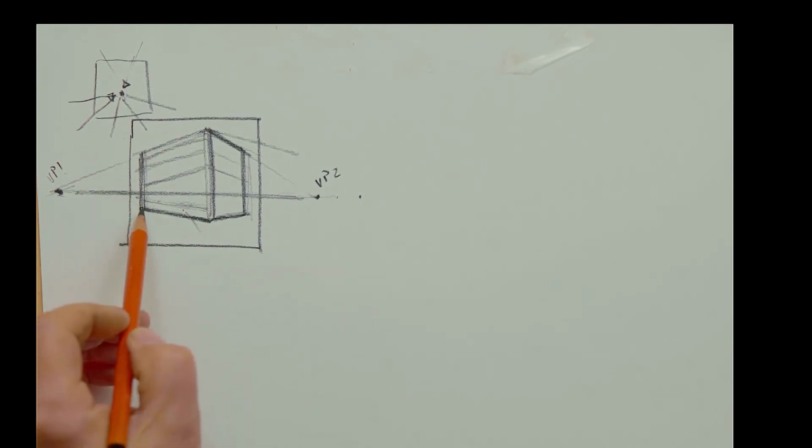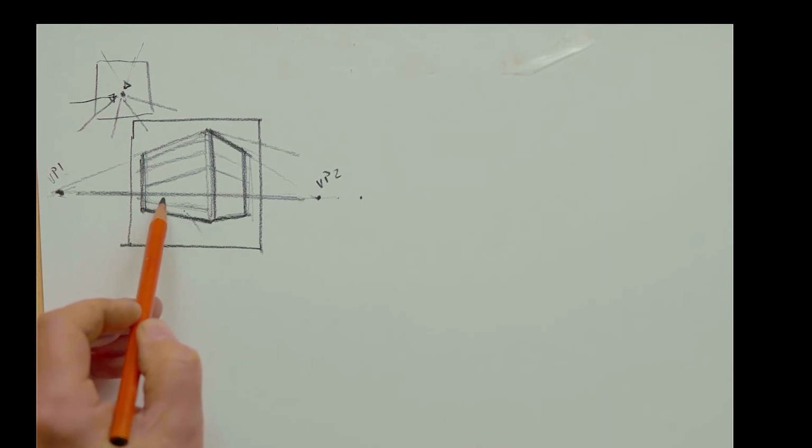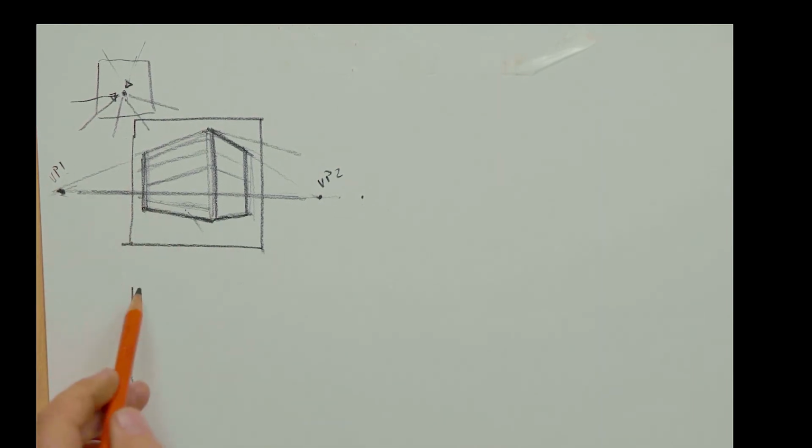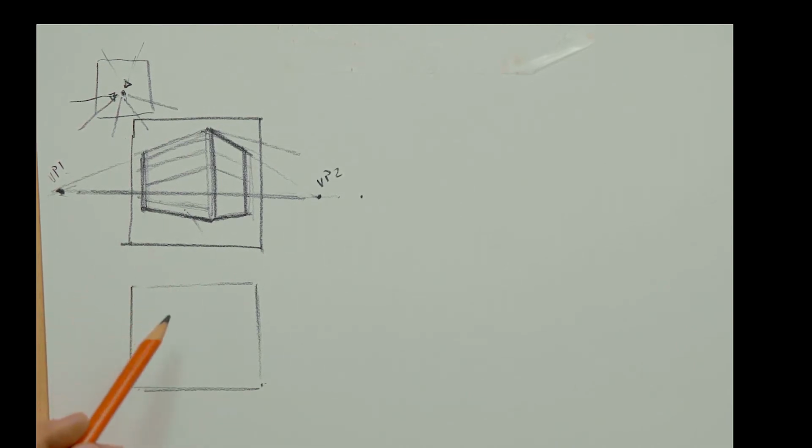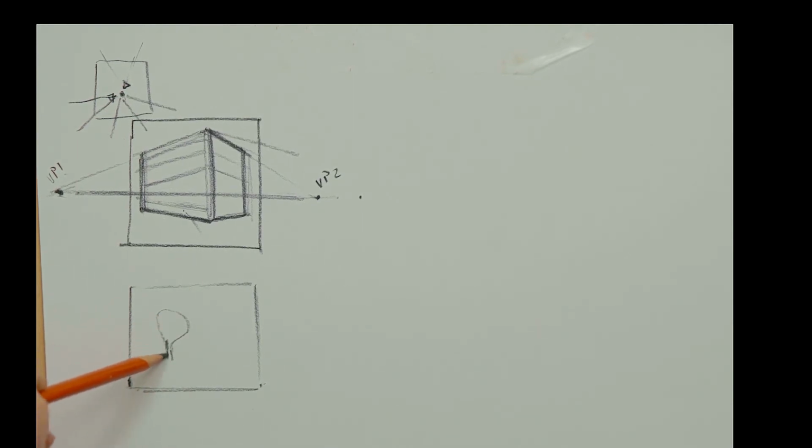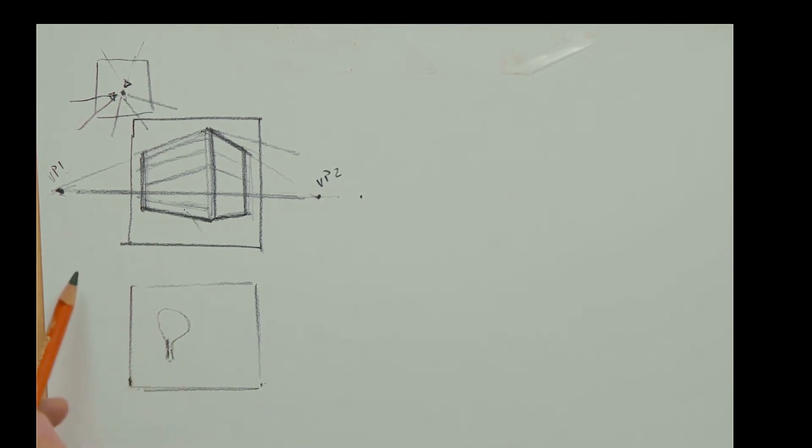Now, the other thing you can use perspective for is not just buildings, but say you did a tree, and this happens quite a bit, where you're going to have to deal with 2-point perspective when you have to deal with shadows. So say we have this tree here, just a proverbial lollipop tree. Then you've got the sun lighting it from this direction.